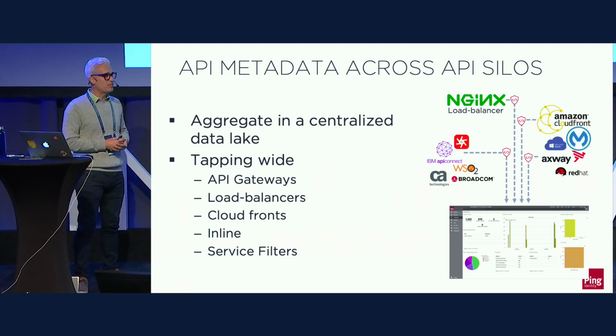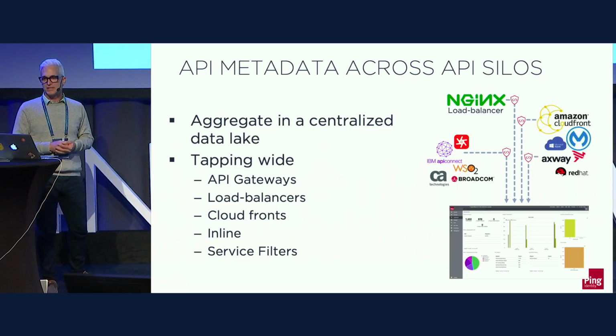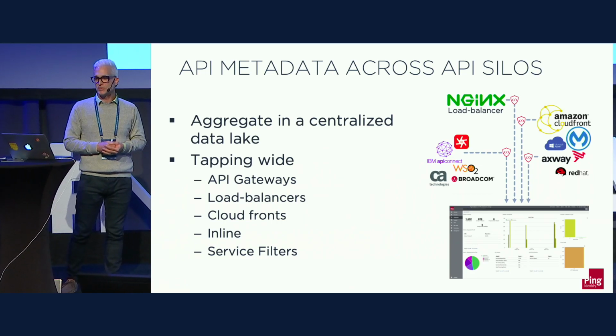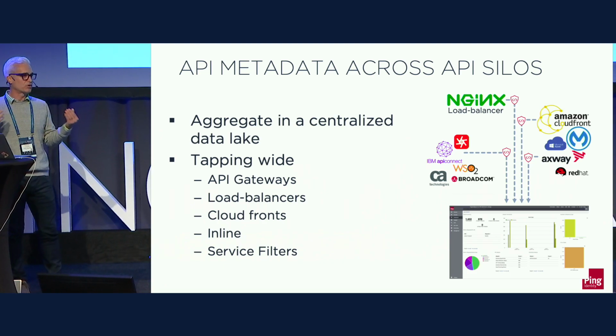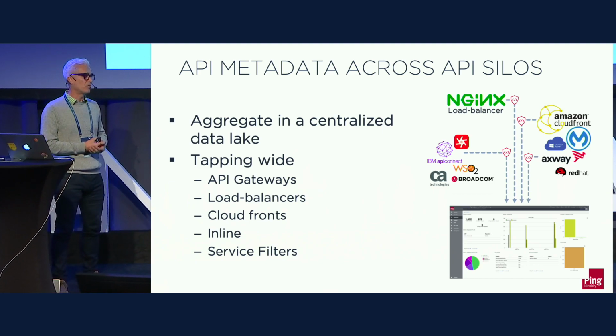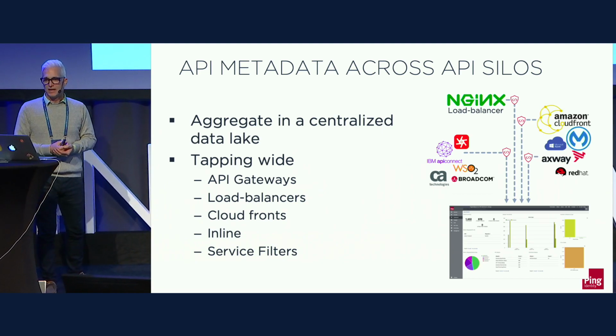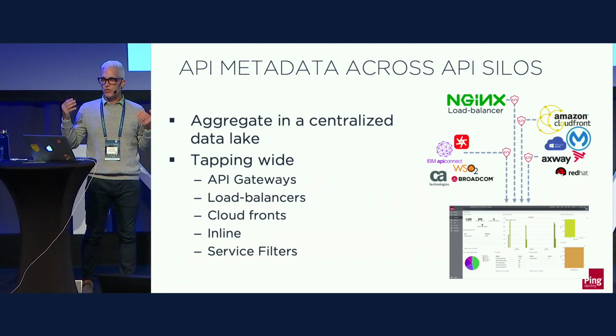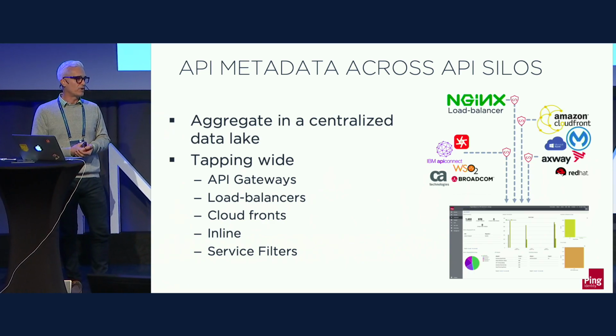So by collecting API metadata across your API silos, you get an aggregate view of your APIs. Ping Identity has something called Ping Intelligence for APIs, and it integrates with all the major API gateways out there. You can hook it up to any of those API gateways.